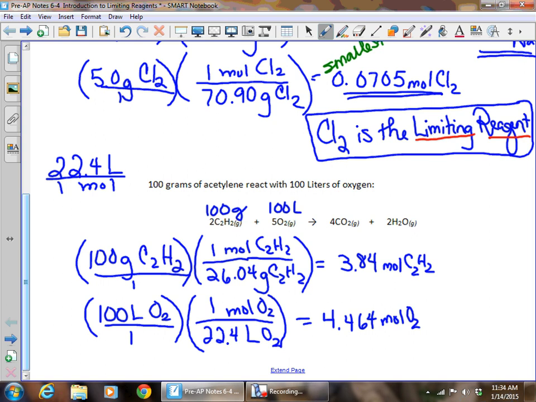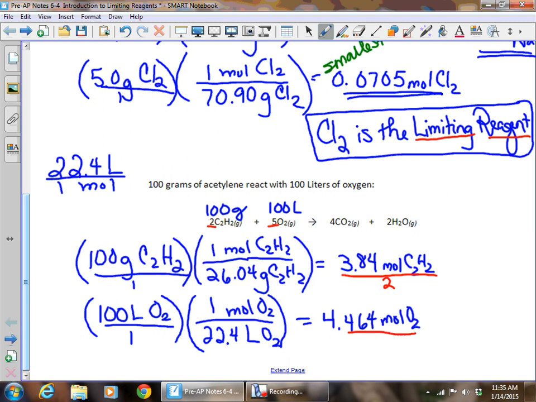Now, right now, it looks like the smallest number is for acetylene, C2H2, 3.84 versus 4.464. And guys, this is where you're going to make your mistake, because you're going to forget that you must divide by the coefficients. We've got to divide C2H2 by 2.